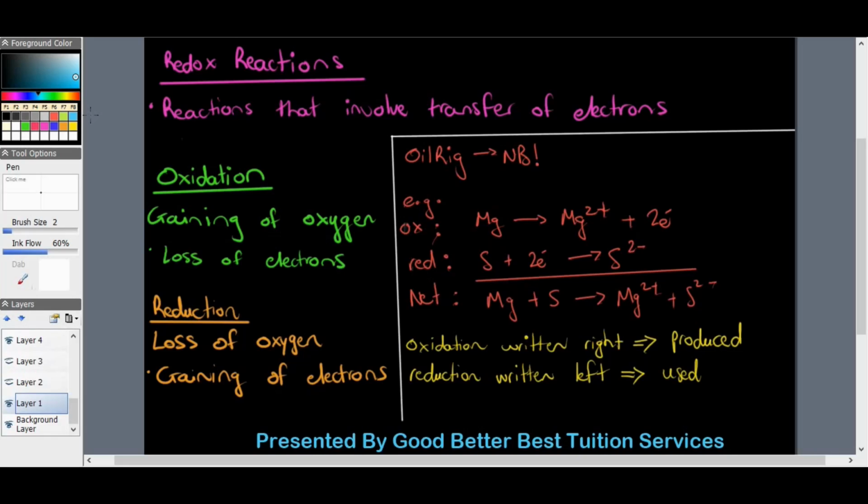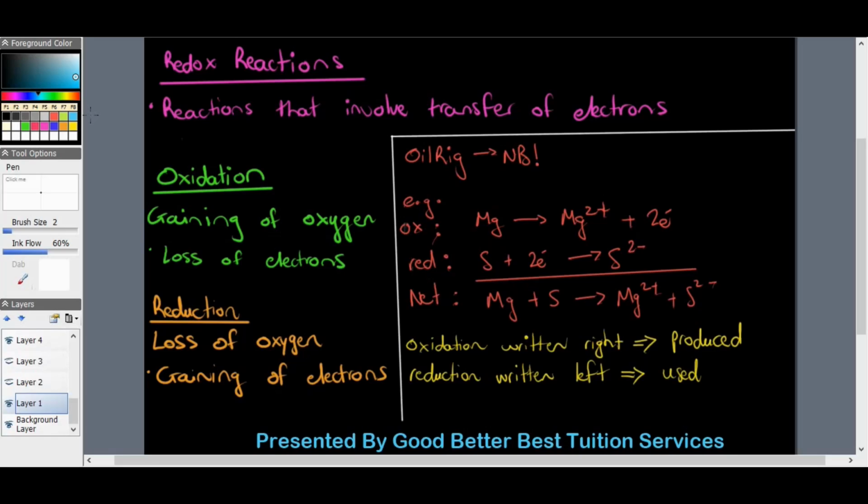Until oxidation occurs, we do not see the electrons, but once oxidation occurs we see the electrons being lost, essentially produced. They are on their way out from a particular substance. So oxidation is loss of electrons.